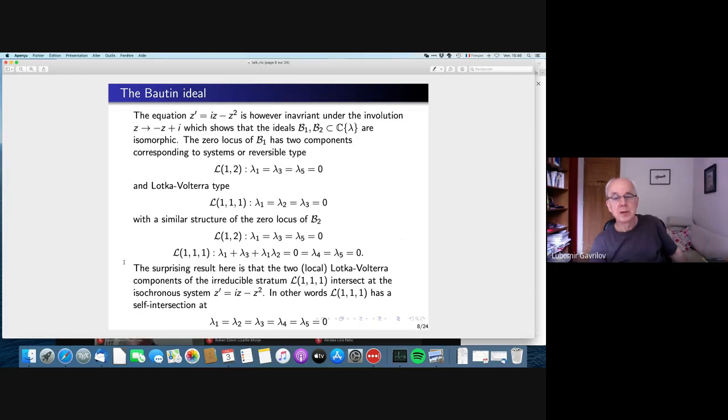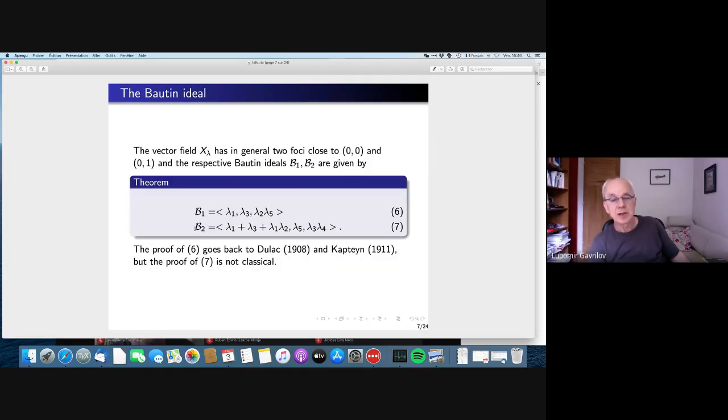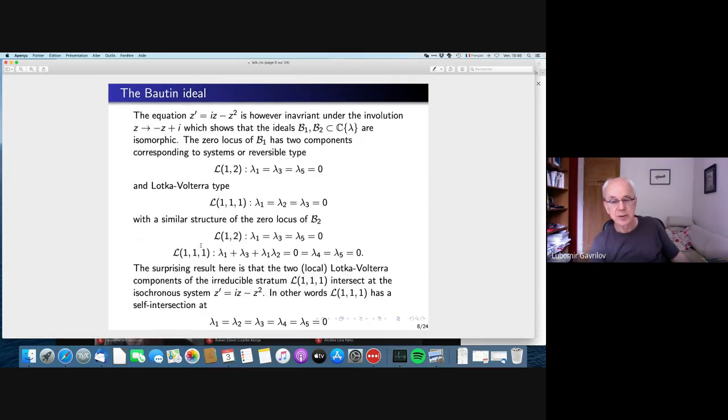Let us see the geometric meaning of these two ideals. The first ideal has in fact the variety of the first ideal has two irreducible components. The first component corresponds to Lotka-Volterra type L111, and the second is systems which are pullback.